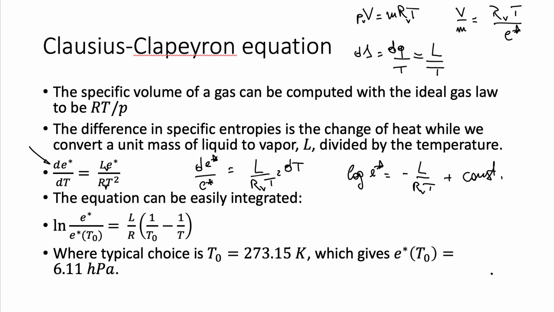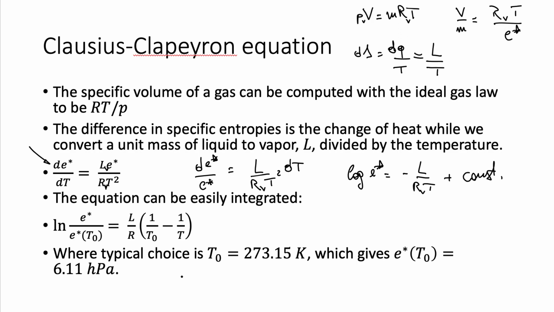And how do you determine the constant? Well, typically one brings the system to freezing temperature, 0 degrees Celsius, so 273.15 Kelvin, measures what the relationship is like, and then determines the constant in that way.